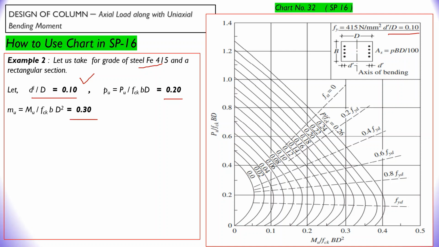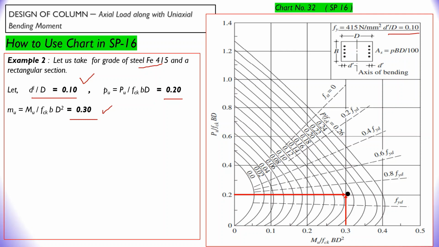So how to select which curve is applicable here? First of all, based on this pu value 0.2, we have drawn a line parallel to the x-axis, and based on the small mu value 0.3, we have drawn a vertical. They meet at this point, and this black dot indicates their meeting point, that means the intersection point.